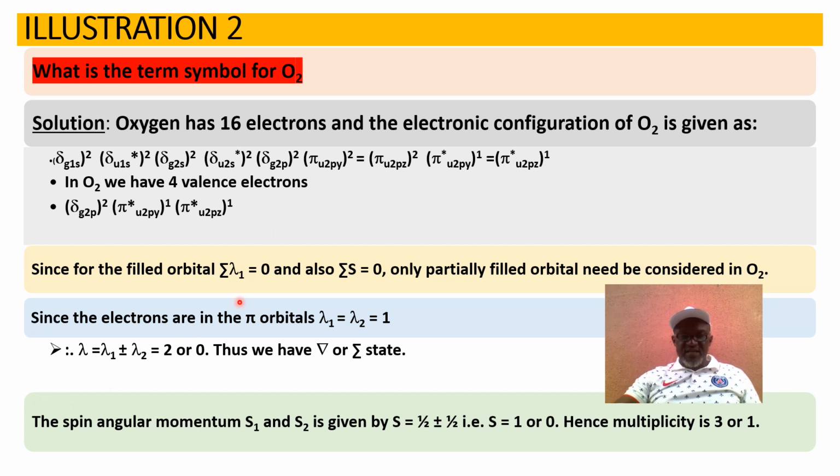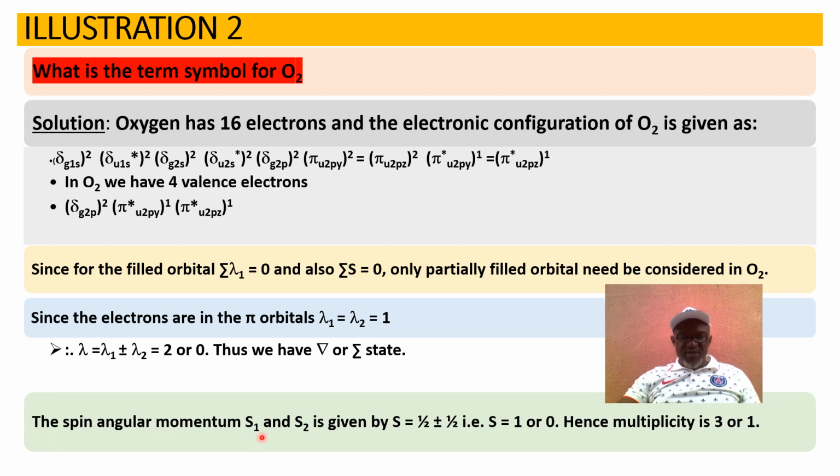Since the electrons are in the pi orbitals, lambda 1 is equal to lambda 2 is equal to 1. Remember the state is equal to 1. So we have lambda equal to lambda 1 plus or minus lambda 2, which will give us 2 or 0. Thus, we have these two possible states.